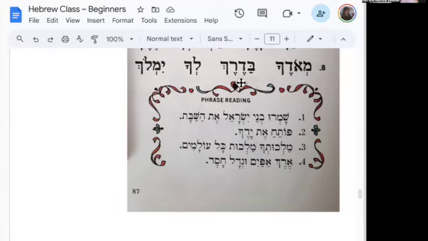The next word, baderech. Derech is the path or the way, so baderech means on the way.